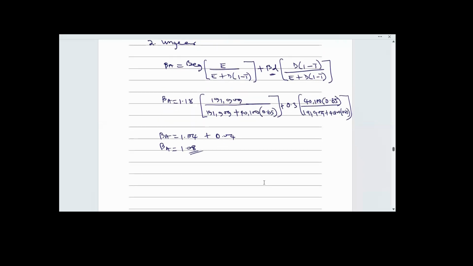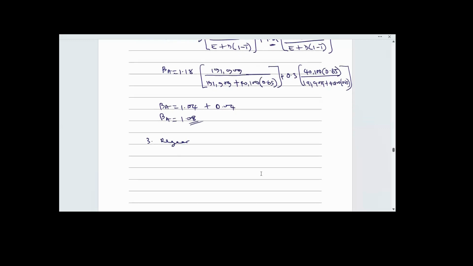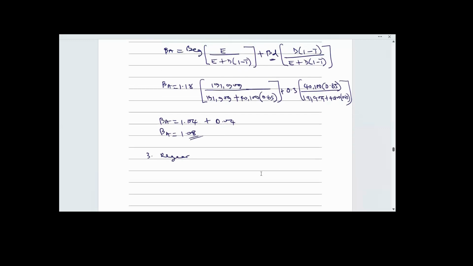Step 3 is to regear, to incorporate financial risk. Because we are given a debt beta, we are going to repeat the same formula as in step 2.